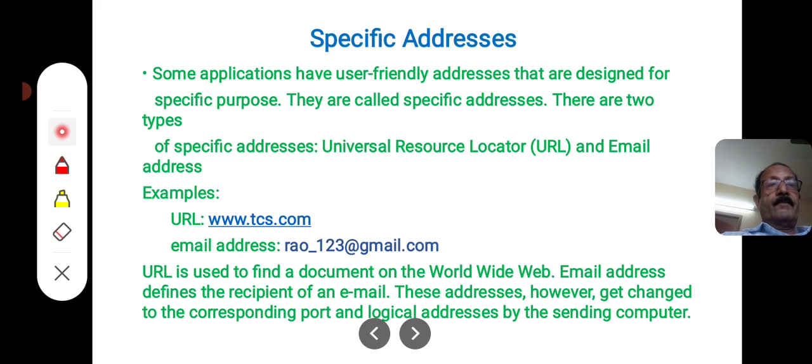Email address defines the email ID of the receiver, recipient's email ID. Anyhow they are user friendly. From the system point of view, these addresses however get changed to the corresponding port and logical addresses by the sending computers.